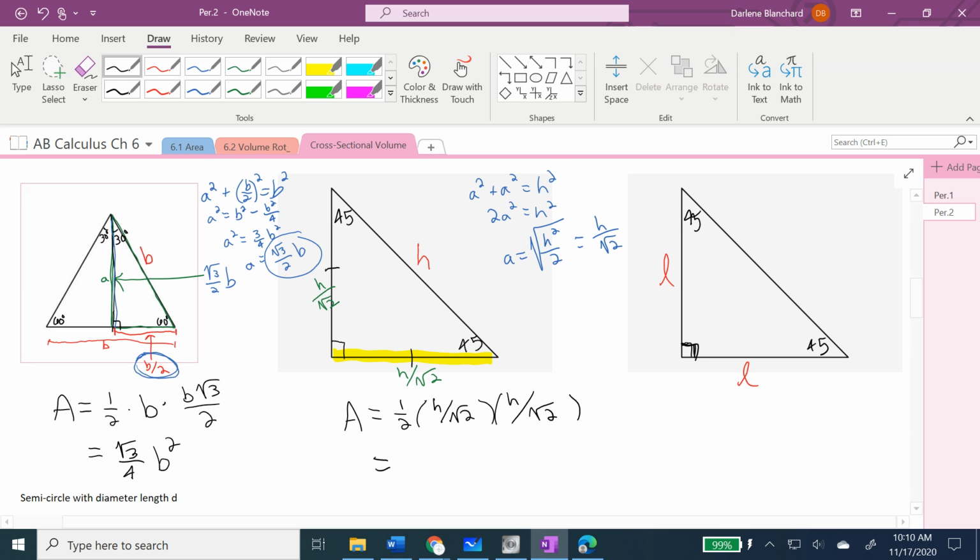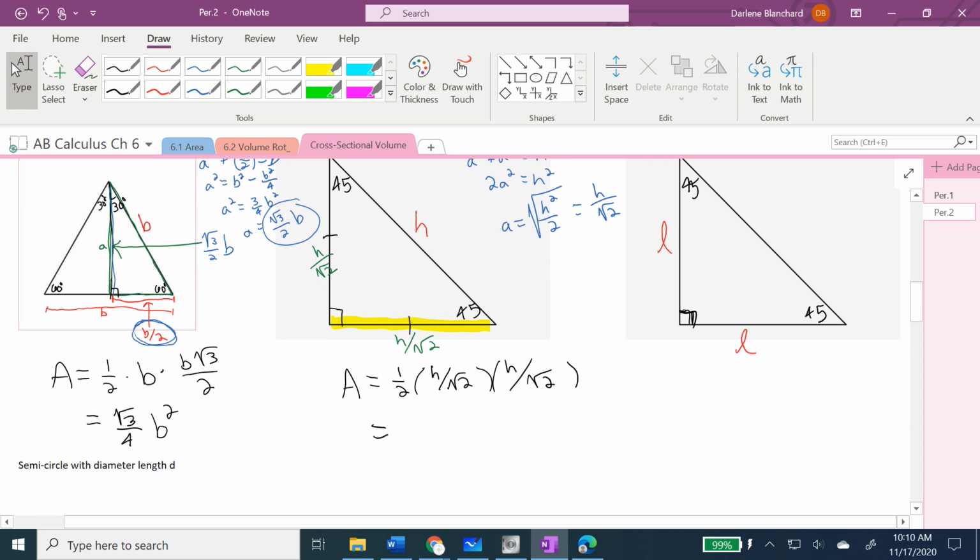And then if I simplify that formula, it's a number times h squared. What number is it?